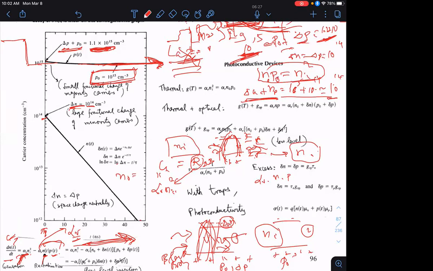So if P naught ultimately goes down to whatever the acceptor doping concentration is, 10 to the 15, N naught would be 10 to the 5. Okay, and that's not shown on this chart because this only goes down to 10 to the 12. So if you waited long enough, it will keep decaying and ultimately settle down at 10 to the 5 electrons. That's my N naught, while the hole concentration would be P naught, 10 to the 15. And 10 to the 15 times 10 to the 5 gives you 10 to the 20, which is N i squared.